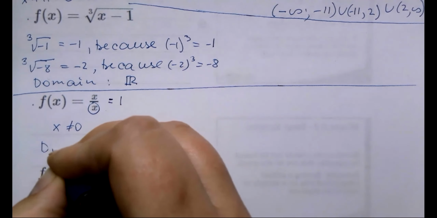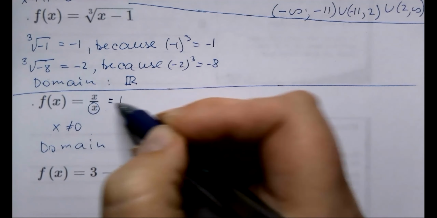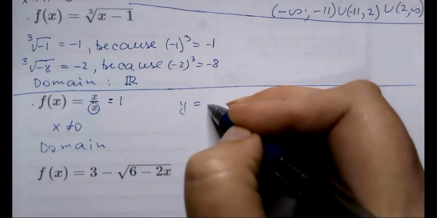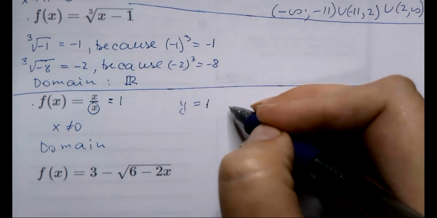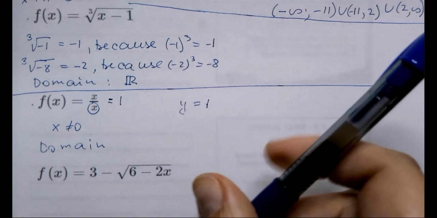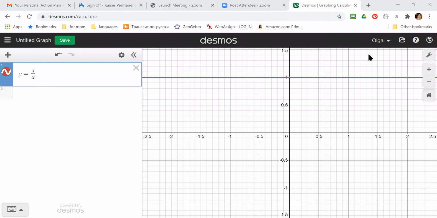So even though the graph of this function will look like the line y equals 1 with a hole at x equals 0, let's see if I can illustrate it for you. So here's my Desmos graphing tool, and here I entered my function y equals x divided by x.